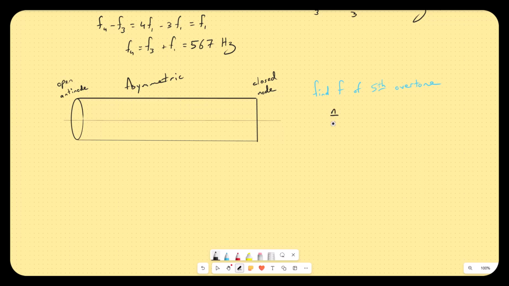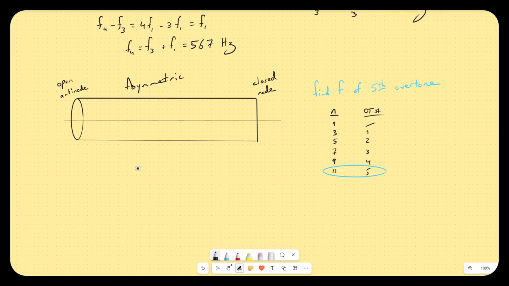So n is 1, 3, 5, 7, 9, 11. So my overtone number is 1, 2, 3, 4, 5. I need my fifth overtone, so I need n equals 11.